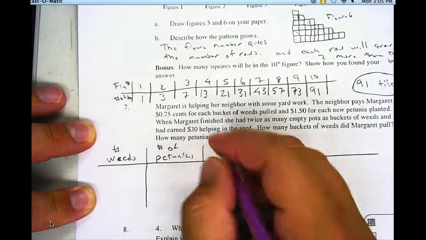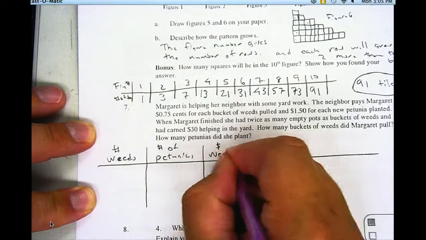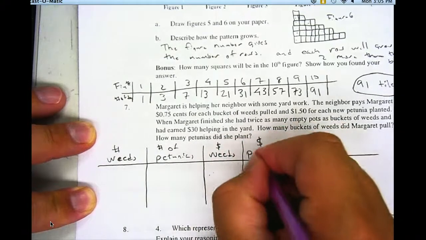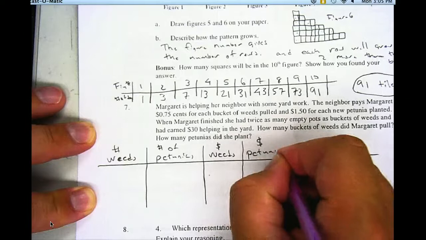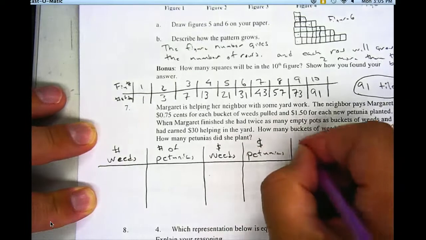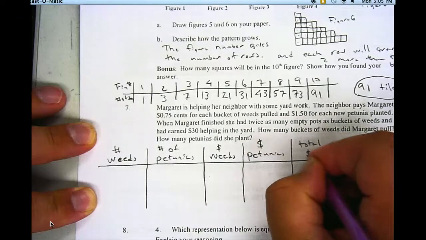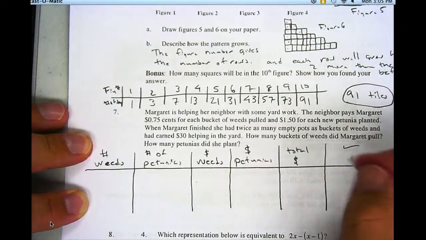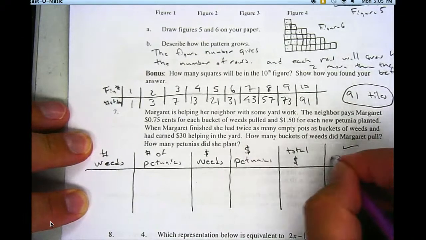And then money for weeds. Money, petunias. Total money. Check. And I want $30 for that.